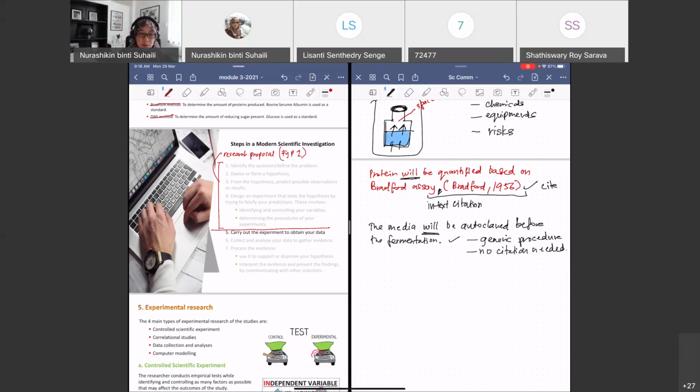And the importance of this research proposal, if it's not just FYP, in other situations like us, independent researchers, we also have to prepare a research proposal whenever we want to propose a research before we start any research. We will write a research proposal. So it covers all the information as I mentioned just now.